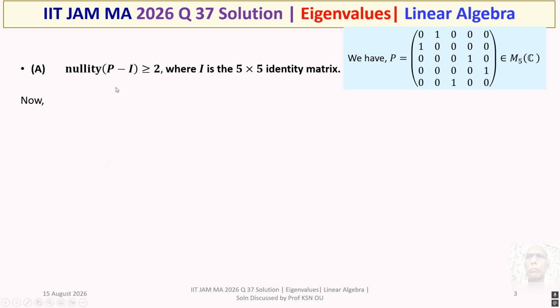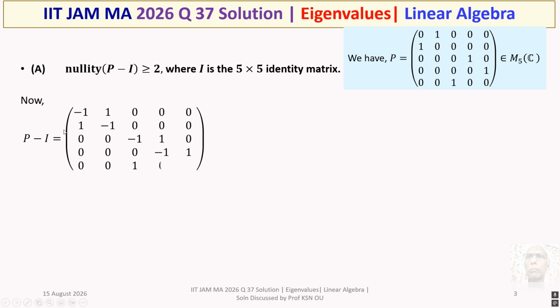Now we take P and subtract from it the 5 by 5 identity matrix. Then we get P minus I, where along the diagonal we have minus 1, minus 1, minus 1, minus 1, and elsewhere the same values as P.